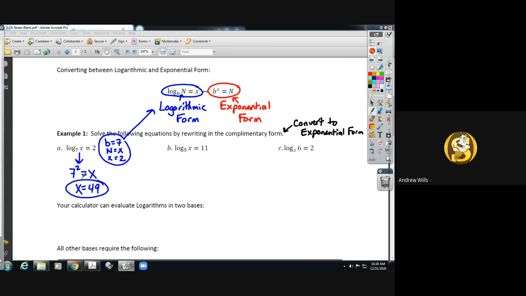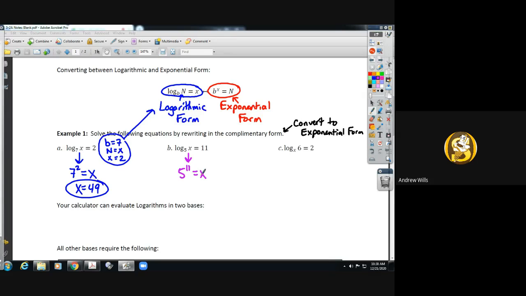So on the second one here, when we convert that, 5 is the base, 11 is the exponent, that is equal to x. So we convert into exponential form, and then we break out our calculator and we evaluate 5 to the 11th power, which is a fairly big number.